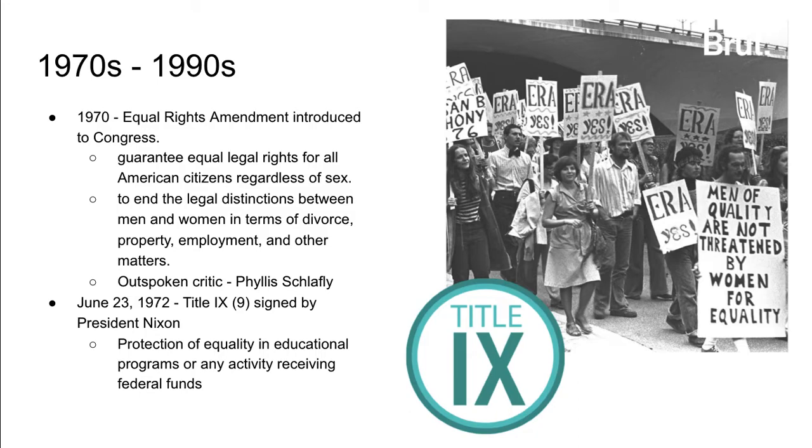And the school has to pay for a student to receive different supports if there has been sexual misconduct within the building. Okay, so this was a really big piece of legislation, and it still is highly used in every single school today. So any program, any place that receives federal funds, has to abide by Title IX.